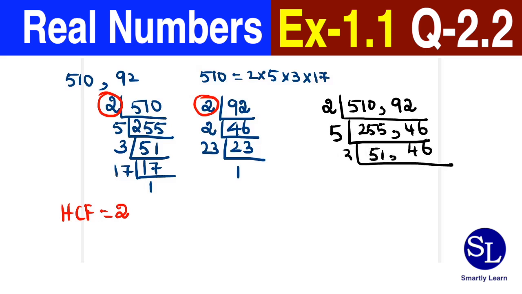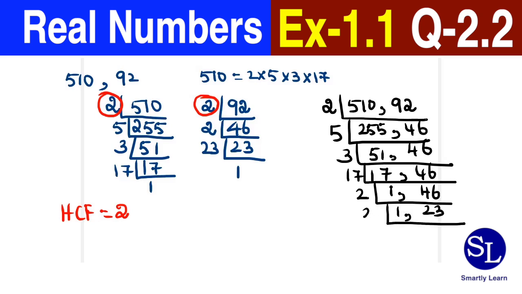Divide by 3, you get 17, 46. Divide by 17, you get 1, 46. Now to handle the 46, I'm going to divide by 2. So I get 23. Divide again by 23 so that I get 1, 1.